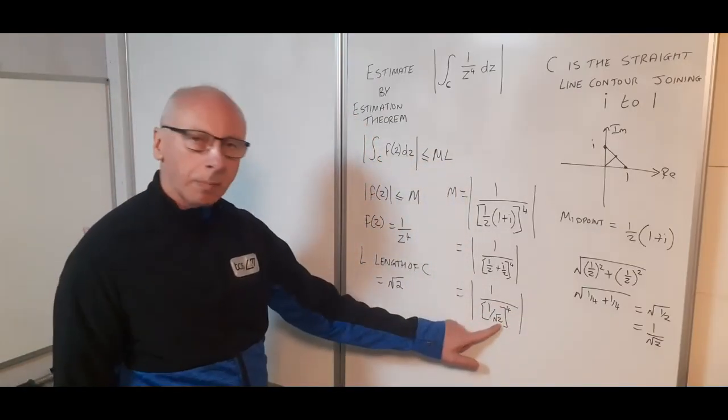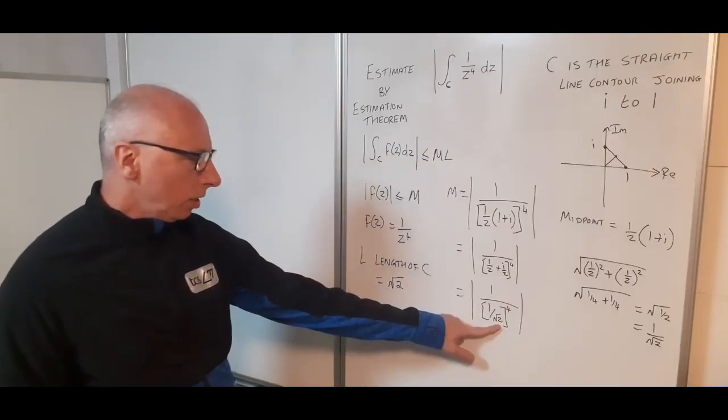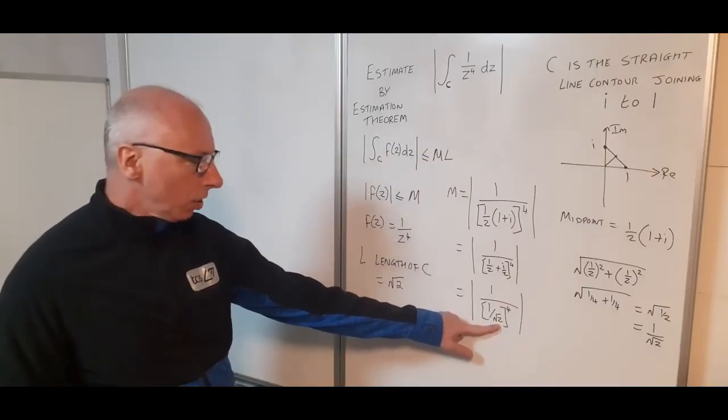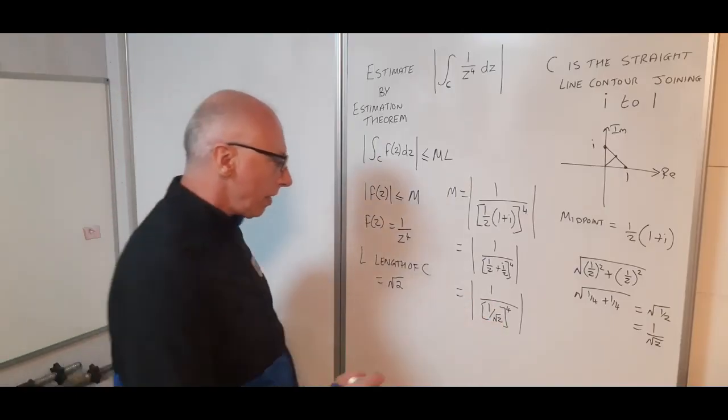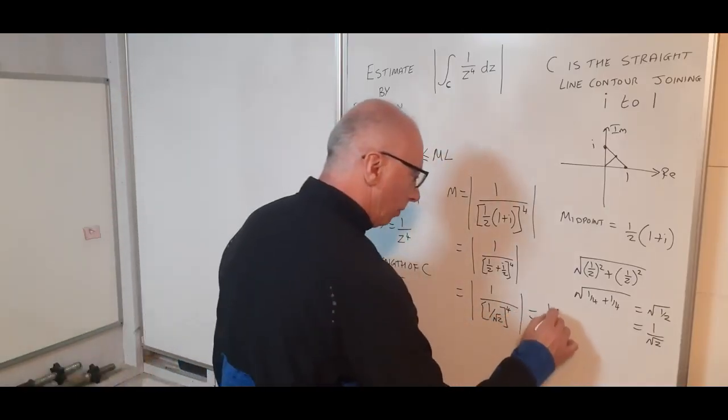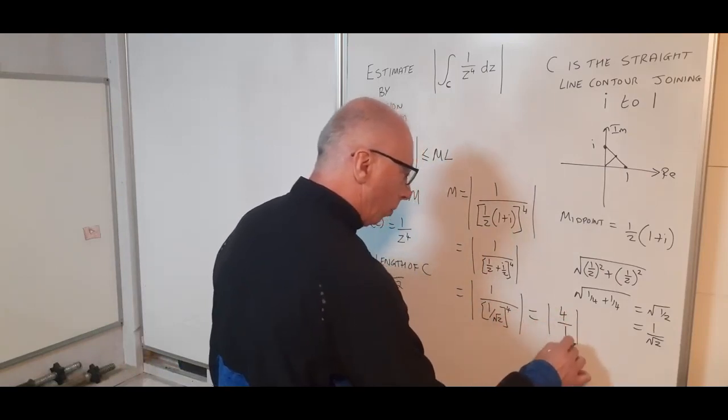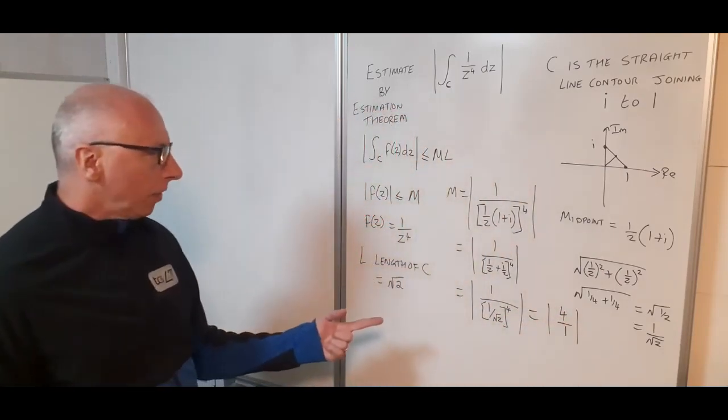Now if I raise this to the power of 4, root 2 squared is 2, and then squared again it's 4. So I've got 1 over a quarter. So that becomes the absolute value of 4 over 1, which simplifies to 4.